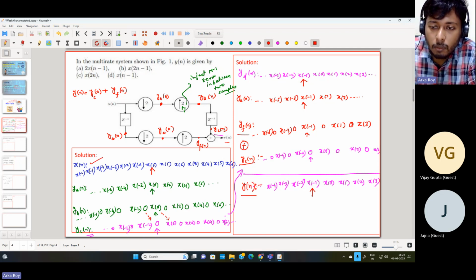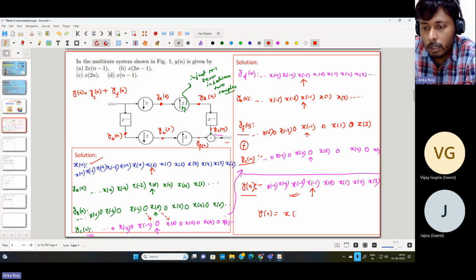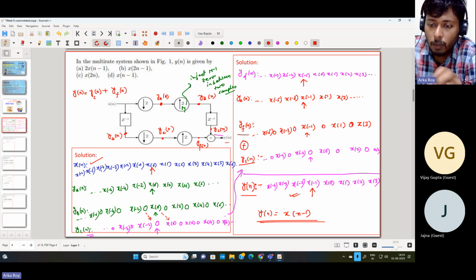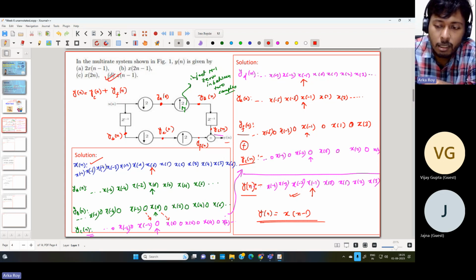From these two sequences, if we shift Xn by a shift of 1, we'll get this particular sequence. Therefore, I can write Yn is equal to X of n-1. That means the output Yn is basically a shifted version of X of n, and that shift is by a single unit. Therefore, option D is the correct answer for this particular question.